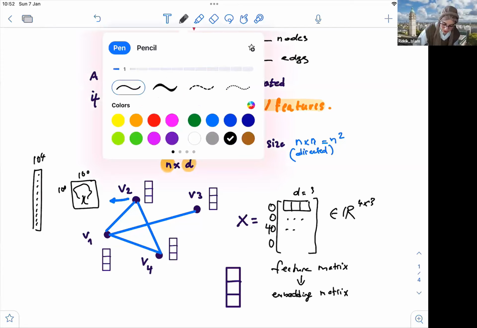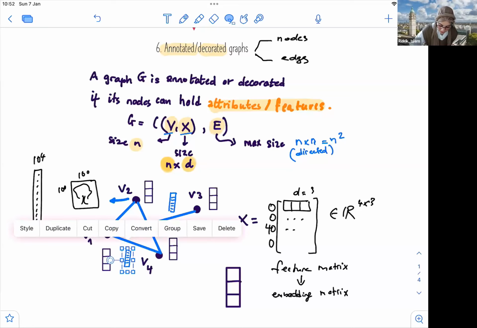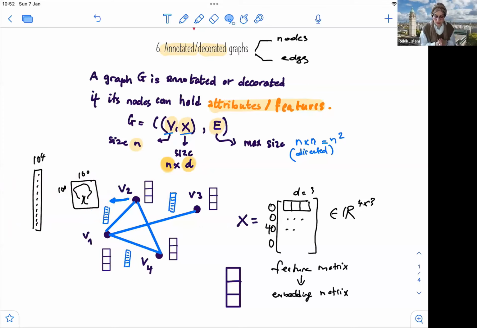If you annotate the edges, it means you're going to have another feature vector that is assigned to each edge, and we will create an edge feature matrix that allows you to store all these features into a single matrix.